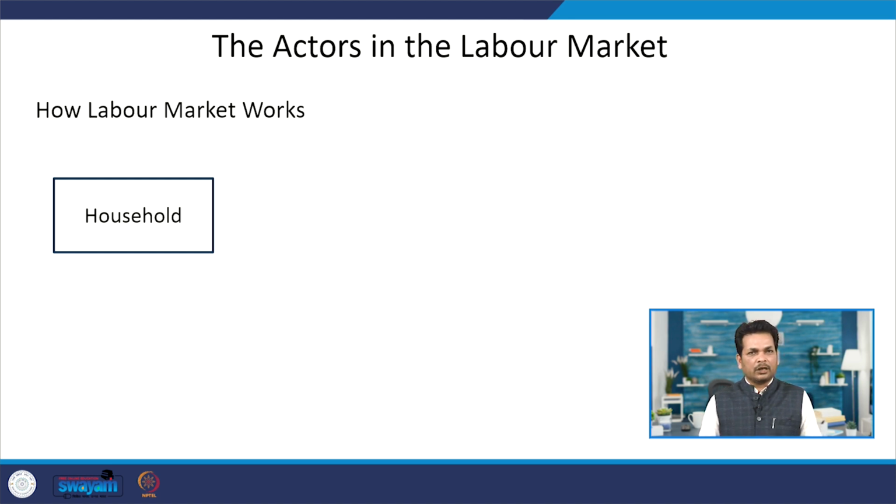When it comes to households, they make decisions like when to enter into the labor market, with how much education and training, for which occupation or industry they should go, how many hours they should work, and whether and when to quit or retire.